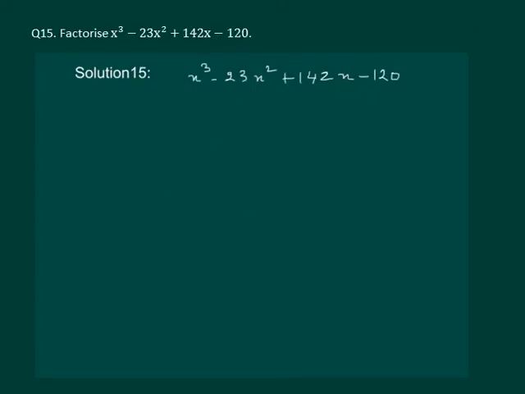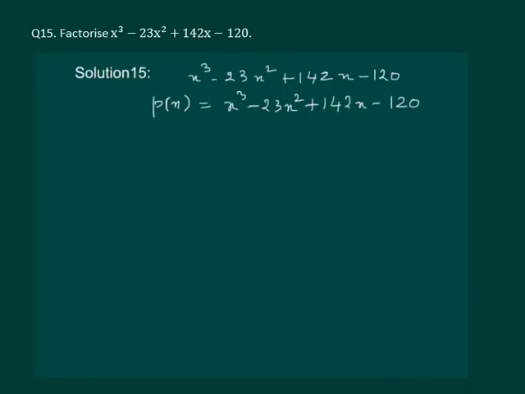Let us read the question. Factorize the cubic polynomial. Let us denote the given polynomial by px. To solve such a polynomial, our first step is to at least find one root of this polynomial using factor theorem.